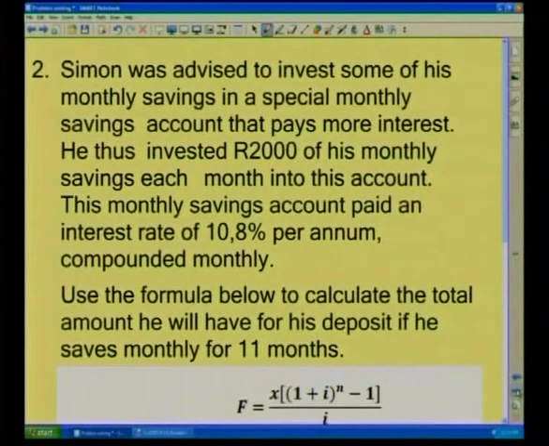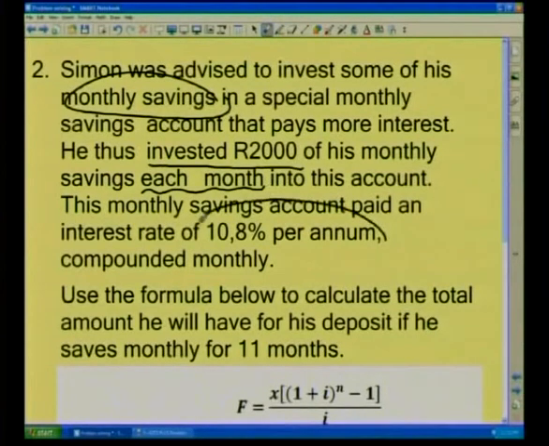Simon was advised to invest some of his monthly savings in a special monthly savings account that pays more interest. He thus invested 2,000 Rand of his monthly savings each month into this account. The monthly savings on this account paid an interest rate of 10.8% per annum.